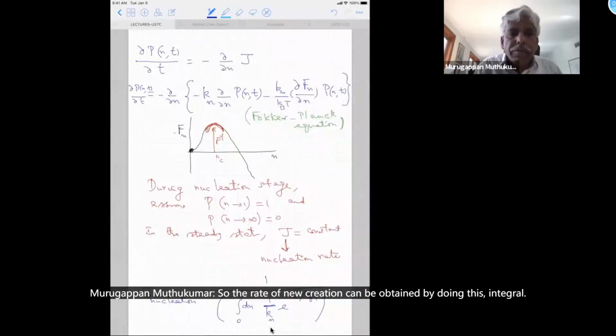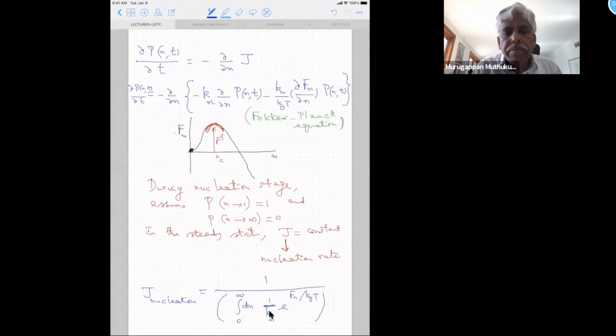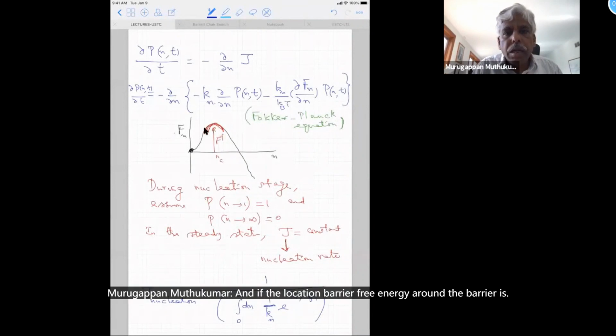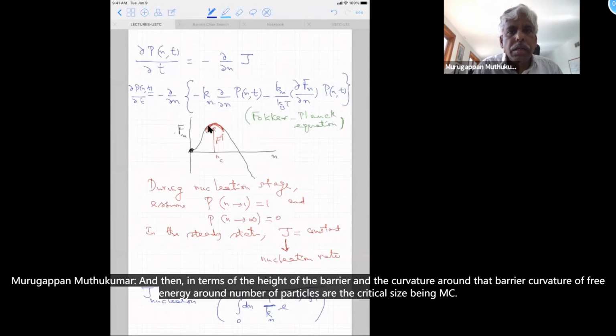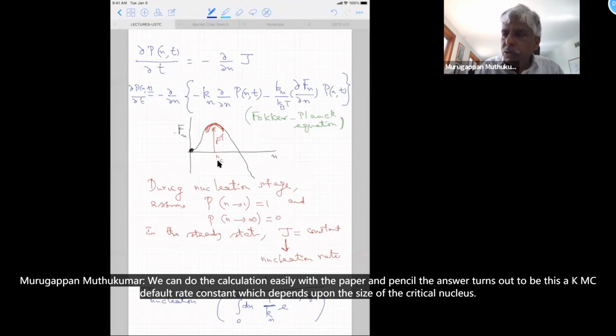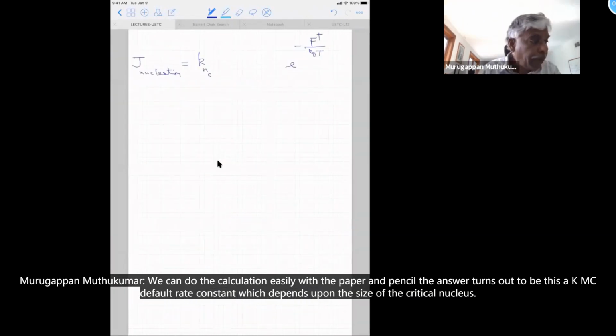So the rate of nucleation can be obtained by doing this integral. If the nucleation barrier, the free energy around the barrier, is sharp, then in terms of the height of the barrier and the curvature of the free energy around the number of particles at the critical size being N_C, we can do the calculation easily with paper and pencil.